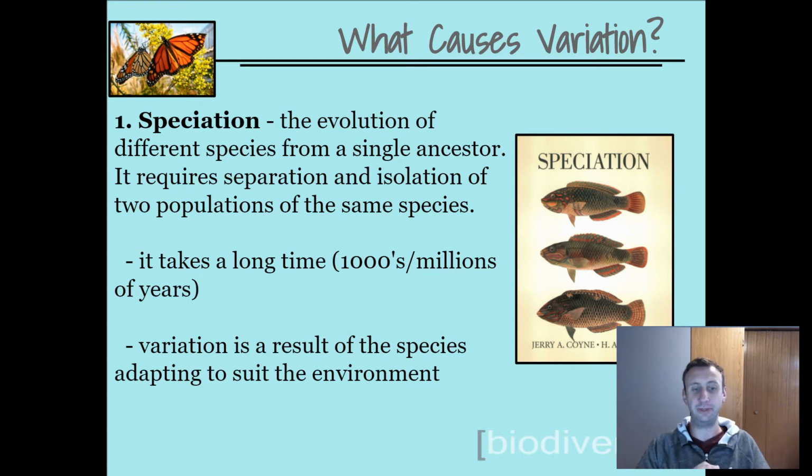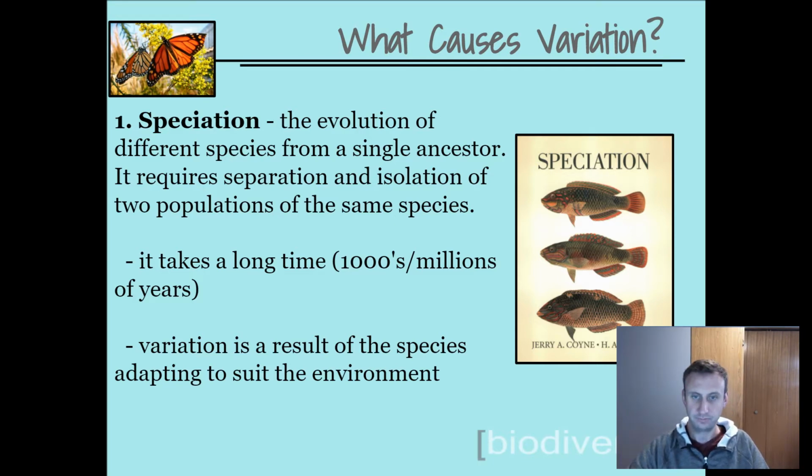Variation is a result of the species adapting to suit the environment. And speciation takes a really long period of time, thousands to a million years. It takes a long time for things to get so genetically separated that they're no longer the same species. And remember that our definition of the same species is that it's able to reproduce and have offspring that's viable. In other words, that offspring is also able to have offspring.